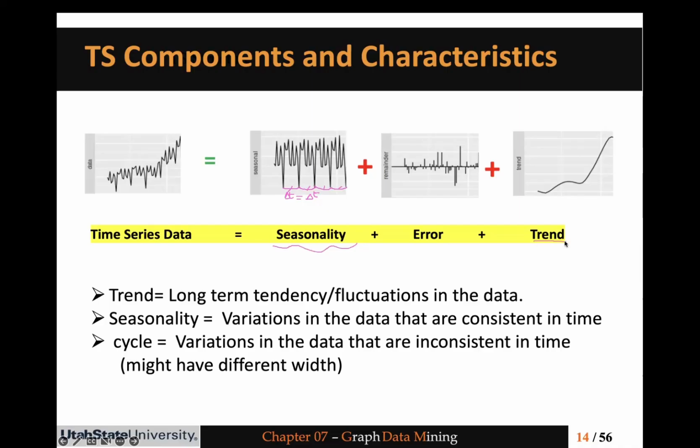Trend, let's start with trend. A trend is a long-term direction of the signal, right? It could be a positive trend or a negative trend, or sometimes here we have a clear trend going on. The trend can also be a small and steady growth with a small slope over here, right? It doesn't have to be so sharp like we have in this example. But the trend is something which starts at t0 and goes all the way to tn.